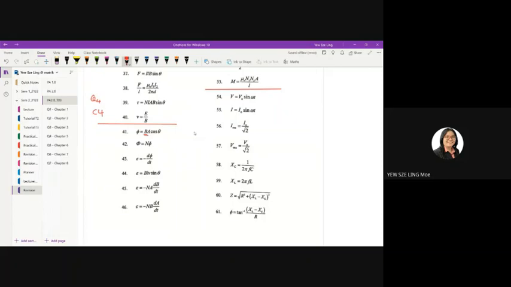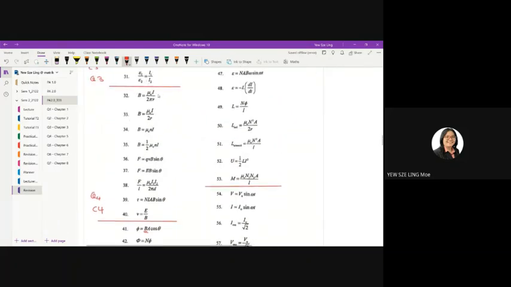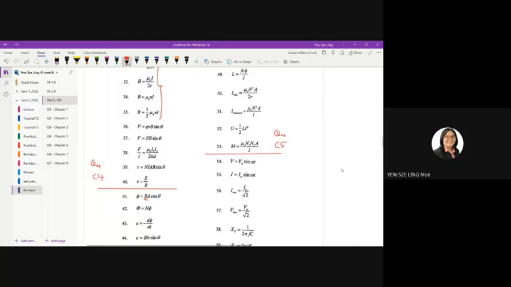So sometimes you might need to calculate magnetic field by using the equation from chapter 4. You might need to use these 4 equations from chapter 4 before you calculate magnetic flux. So equations 41 until equation 53 are the equations for chapter 5, and you're going to apply them in question 4.